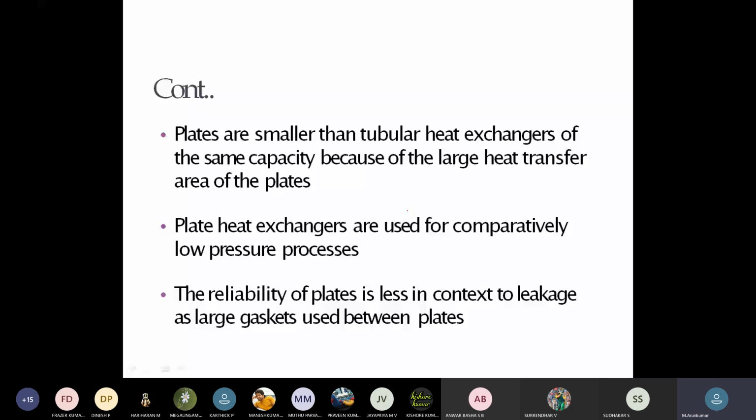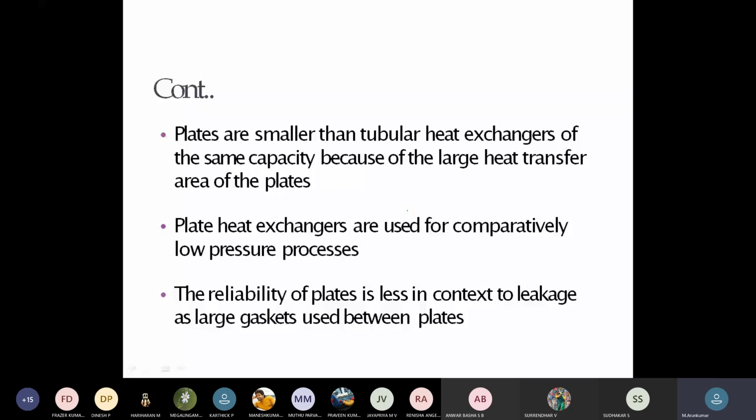So there are plate heat exchangers with large gaskets to provide sealing. You know very well what a gasket is. A gasket is made of rubber, so we can provide that gasket in the plate heat exchanger to avoid leakage of the fluid.